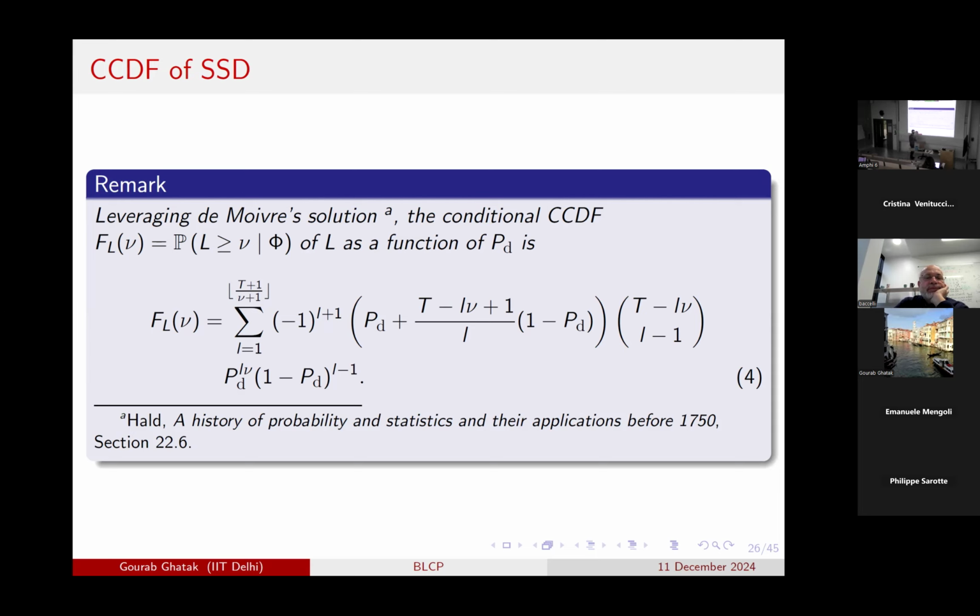So this is your tracking event. It's the probability that the consecutive successes L is greater than nu for a given realization of the point process. Now with this expression, the probability of detection appears in some places.